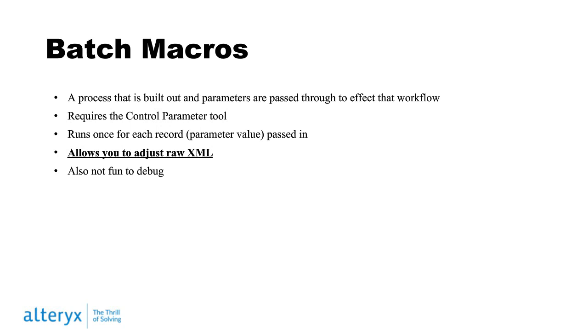But when you get into the XML, you can actually go in and adjust as many things as you want. I won't be going through that here, but I have some articles written that will explain that at a deeper level. We'll be going through XML, but not that particular use case.